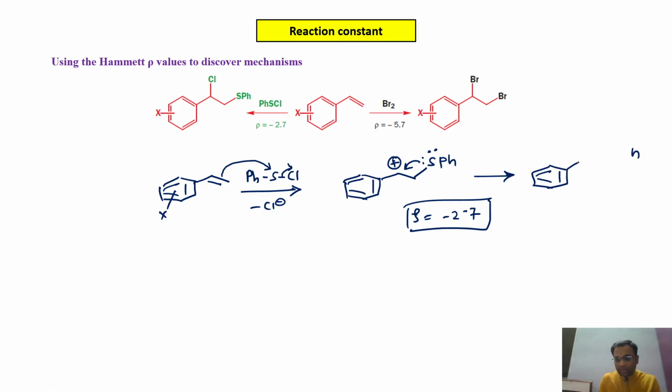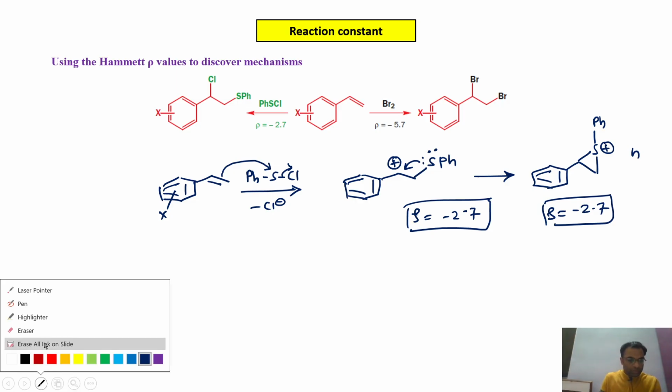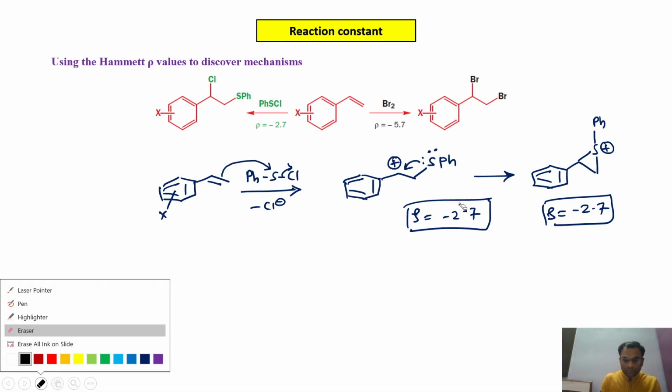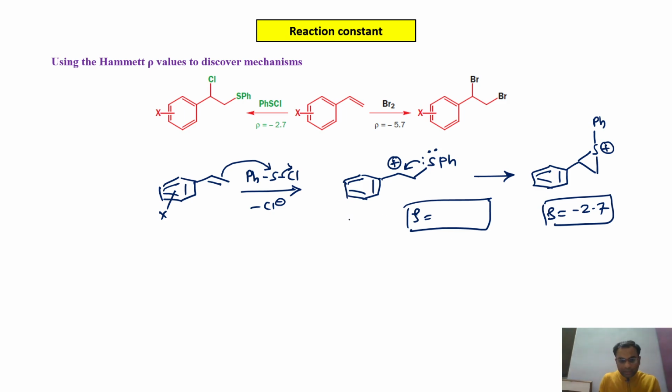We have a rho value of -2.7, because if this reaction occurred via carbocation formation, then the expected rho value would be between -5 and -6.